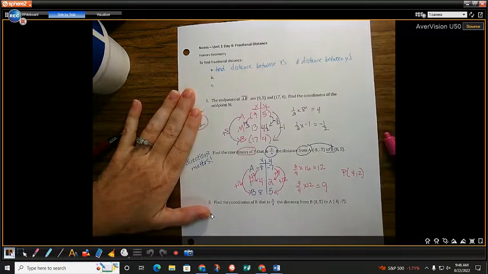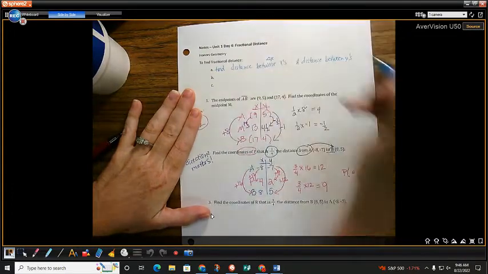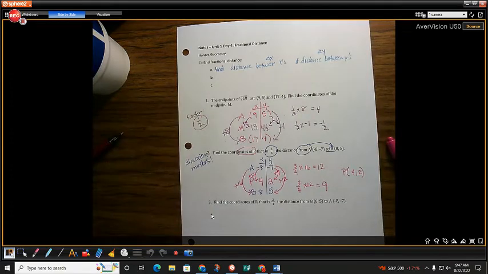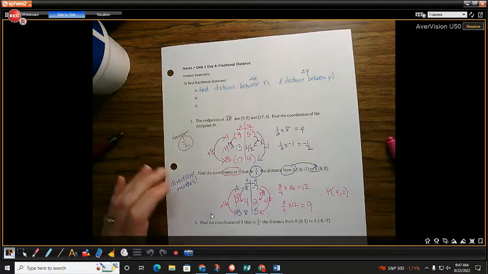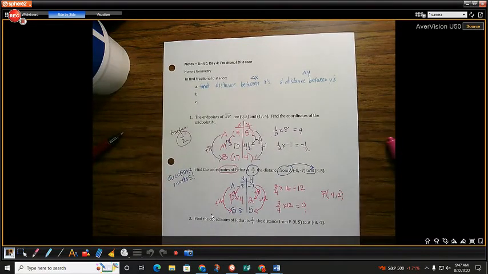And in fancy math terms or lazy terms, you can just say delta x and delta y. Okay? So you ought to find those.